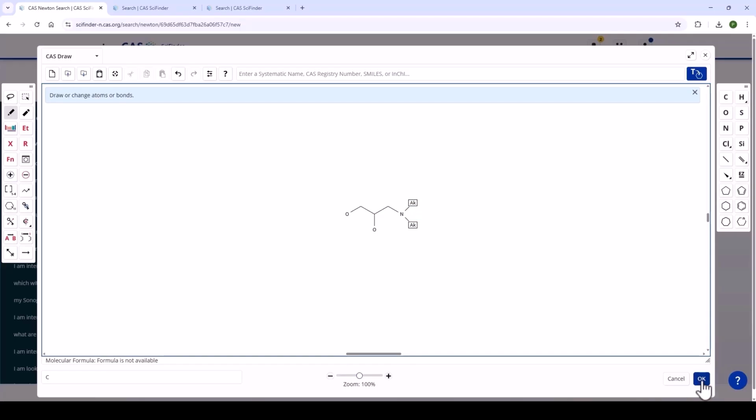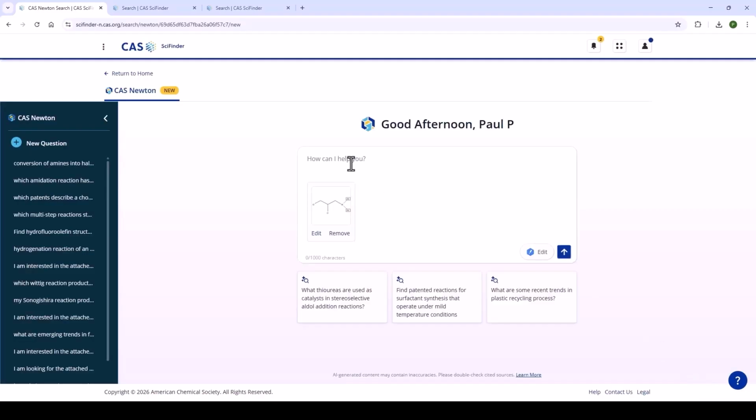So that's my structure, and I could then indicate I am interested in the attached structure where the two alkyl groups have at least 6 carbon atoms. In that way, I have provided some additional information that's maybe not easily included in the structure definition, but certainly we can run that particular search.